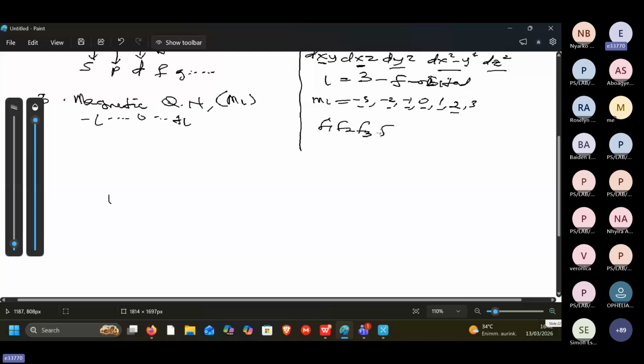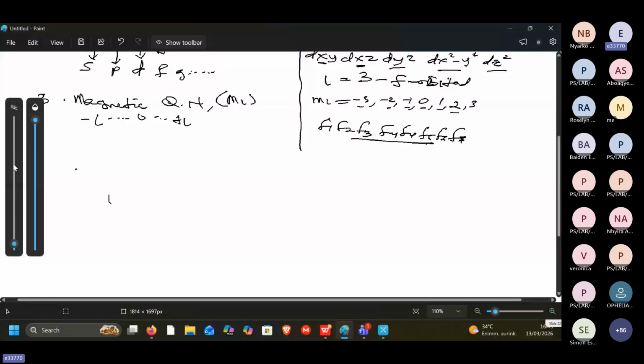Now we can derive some things from what we are looking at. One thing is that if I know the N, I can know the number of orbitals that the N can occupy. That is, if I know the energy level, I can tell how many orbitals must be in that energy level. How do I know?